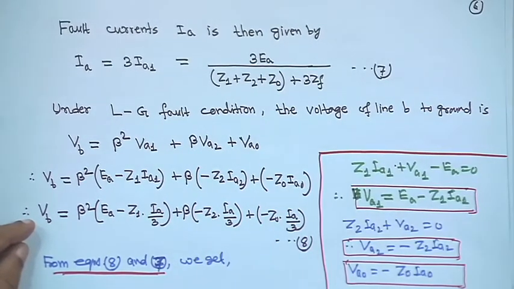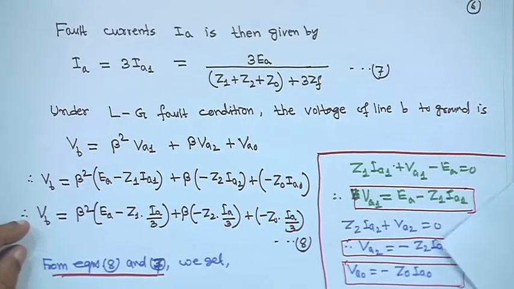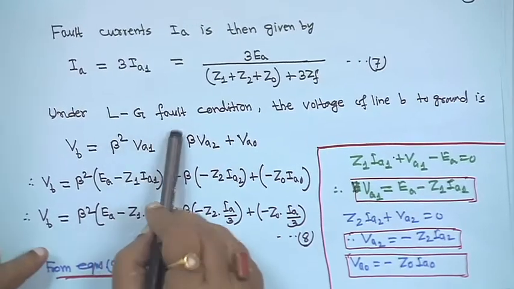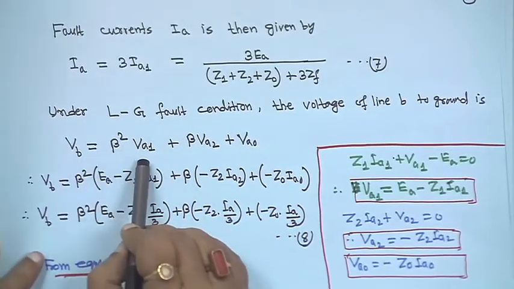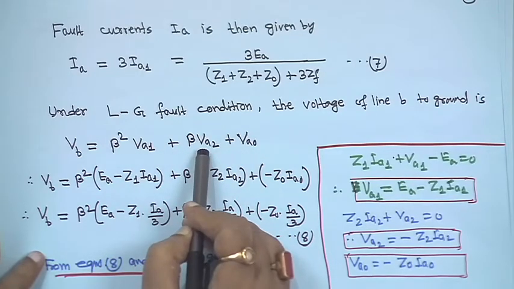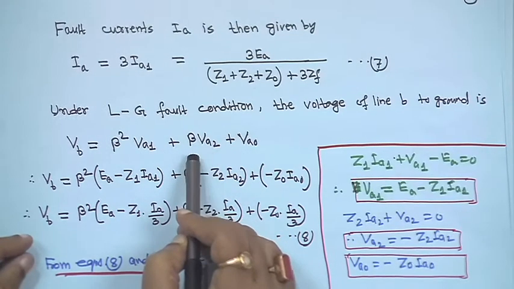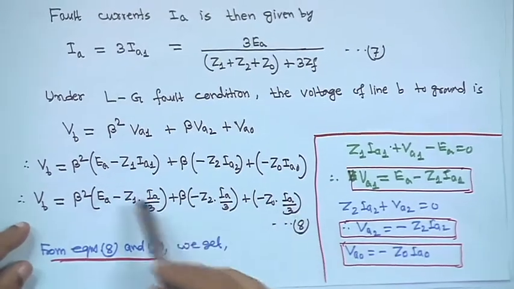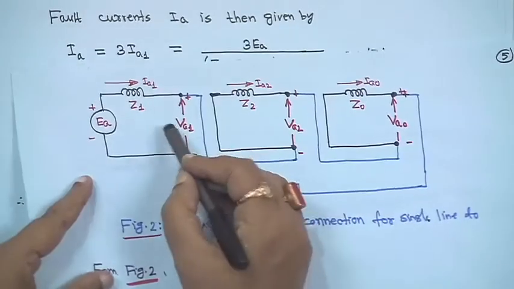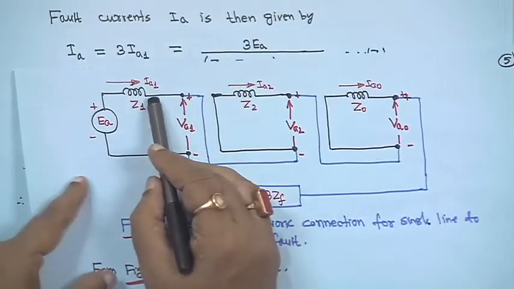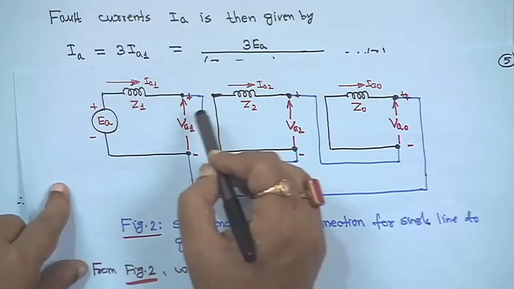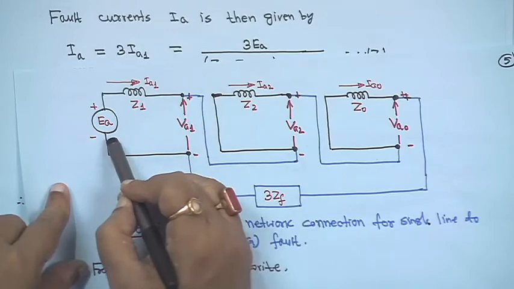Now, under LG fault condition, the voltage of line B to ground, VB, is given by the expression beta squared VA1 plus beta VA2 plus VA0, where beta is equal to e to the power j120 degrees, which we have seen also. Therefore, from the positive sequence diagram, Z1 IA1 plus VA1 minus EA is equal to 0.